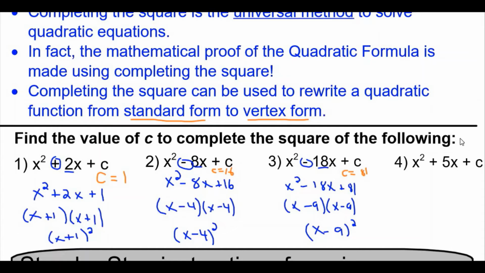We really need this little mnemonic key device here, which is to do half of b, so b over 2, and square it, and that will always make a completed square. Half of 2 is 1, 1 squared is 1, half of negative 8 is negative 4, squared is 16, half of negative 18 squared is 81, half of 5 is 5 halves squared, which would actually come out to 25 fourths.